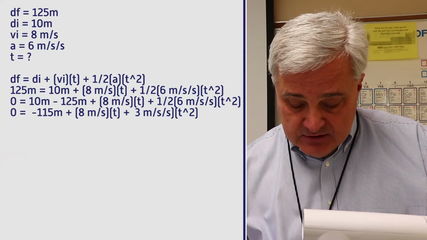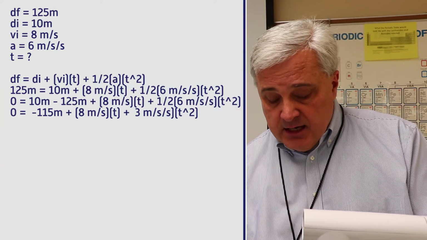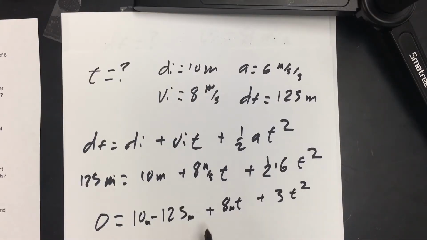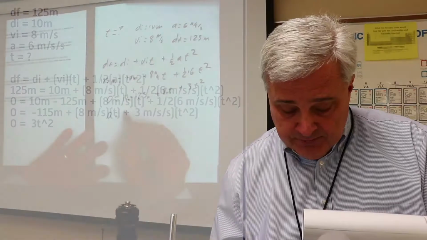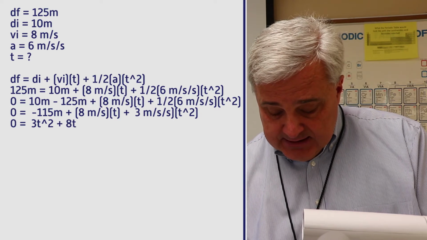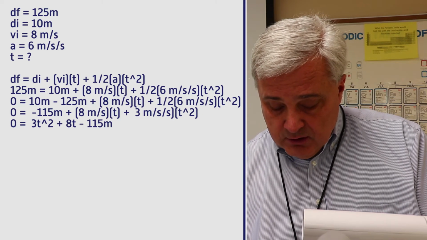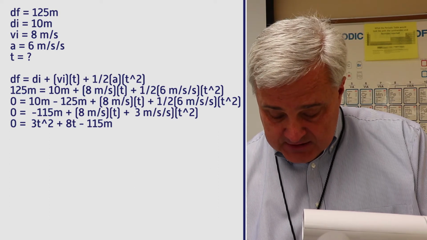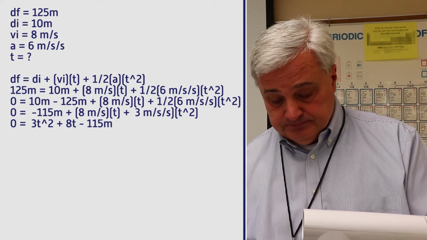That's 8 meters t squared. We're not accustomed to seeing the exponent at the end. 0, and I'm going to combine these terms, equals 3 t squared plus 8t plus 10 minus 125, which is minus 115.